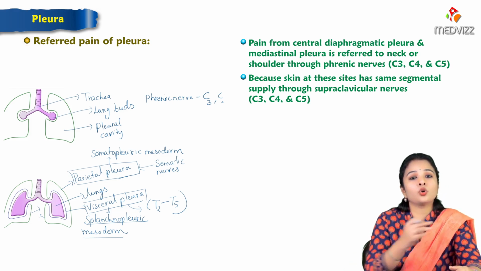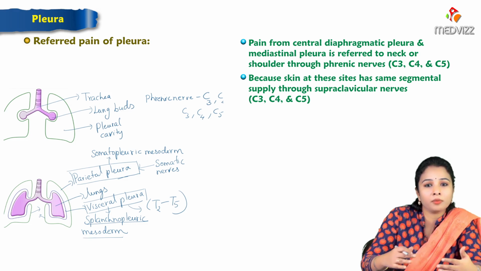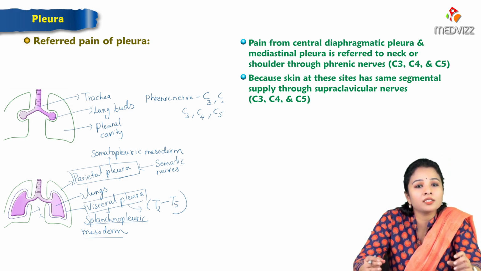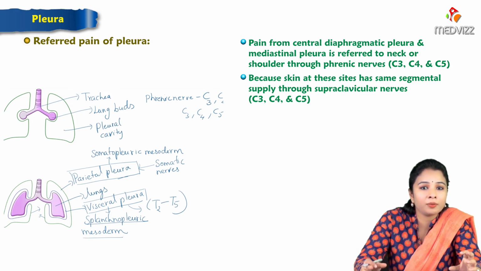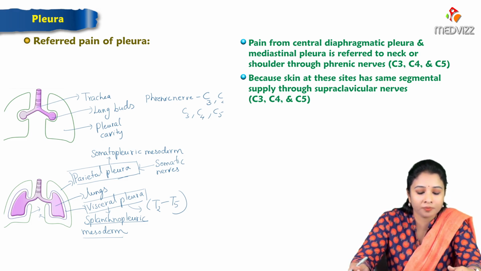The shoulder tip is supplied by C3, C4, C5, the same spinal segments. That is the reason that if there is any irritation of the mediastinal pleura and central part of the diaphragmatic pleura, which is supplied by the phrenic nerve, the pain will be referred to the shoulder tip because of the same spinal segment innervation.